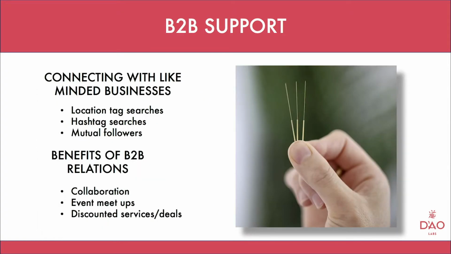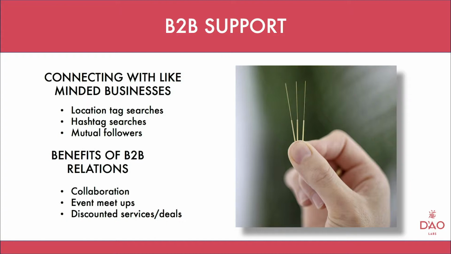Business-to-business support is extremely important to small businesses and clinics. What you want to do is try to find other like-minded businesses. They might actually be in the exact same profession as you are. Maybe it's another acupuncture clinic, or maybe it's a business that complements yours, like a yoga studio.